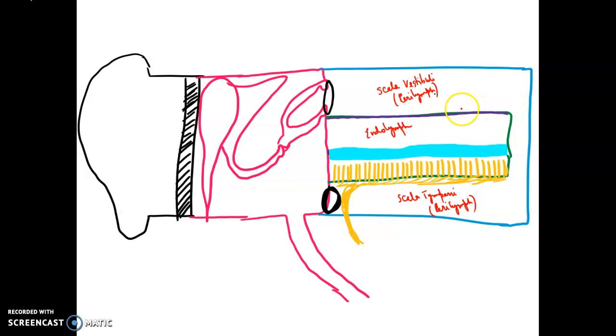Okay, the superior part of the cochlear duct is lined by a membrane called vestibular membrane, and the inferior part is lined by another membrane called basilar membrane. We do see the hair cells in yellow.